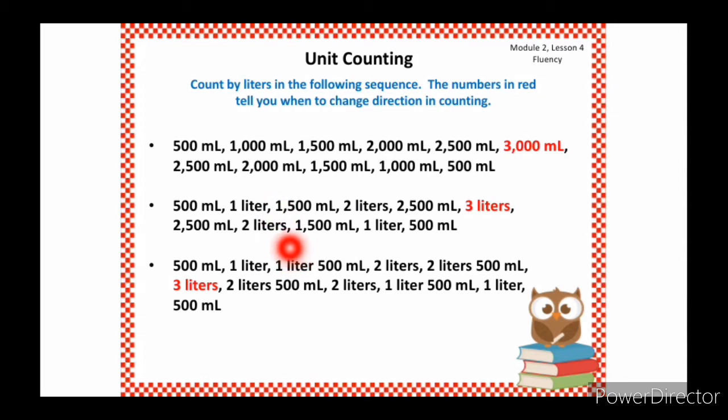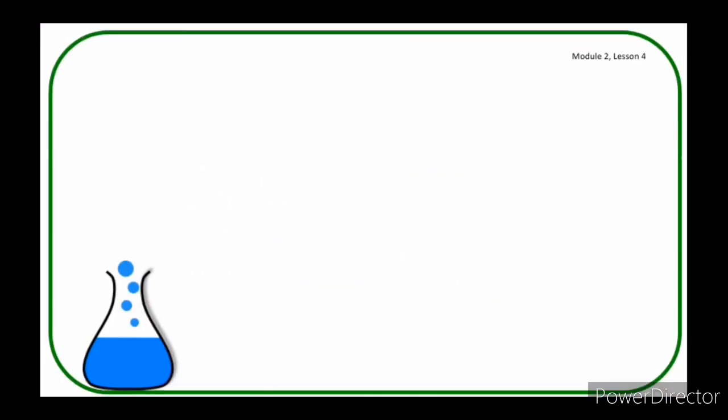So that's just what we did here. 1 liter, 500 milliliters. And here I have 2,500 milliliters, which is written as 2 liters, 500 milliliters. Then we have 1,500 milliliters, which is written here as 1 liter, 500 milliliters. Now that's how easy it can be.